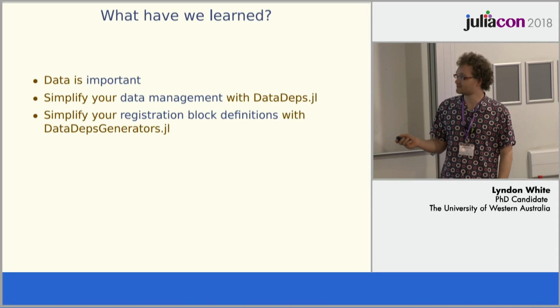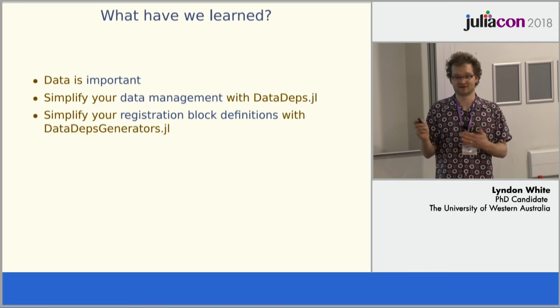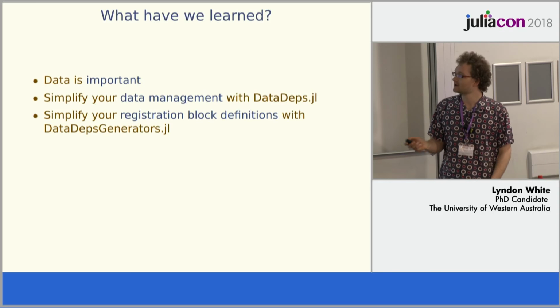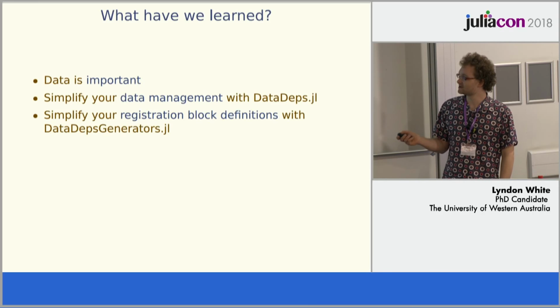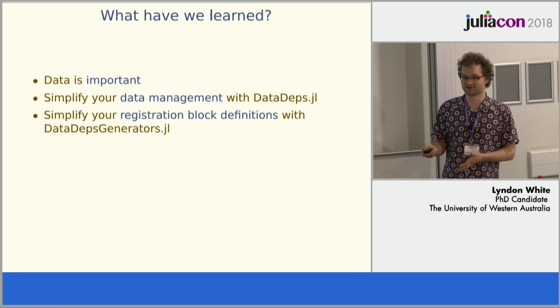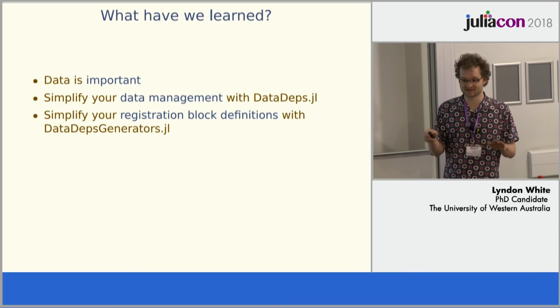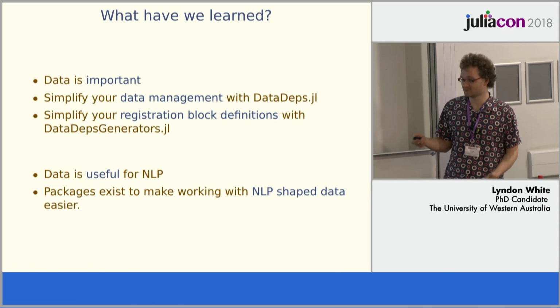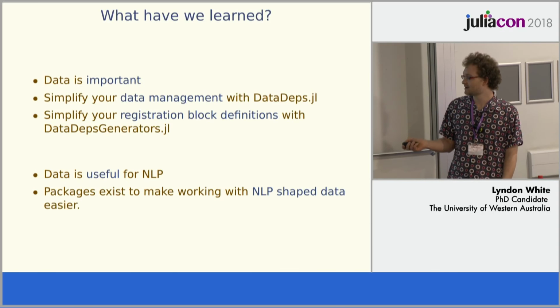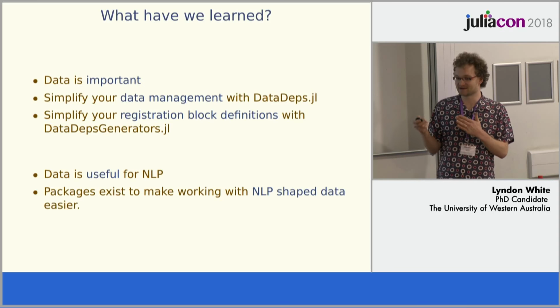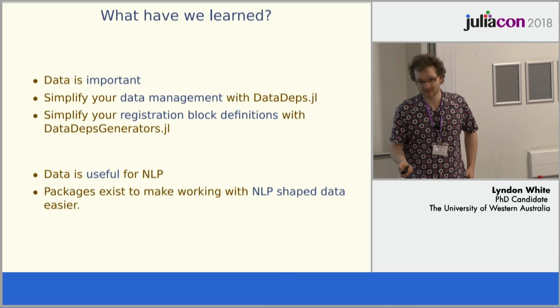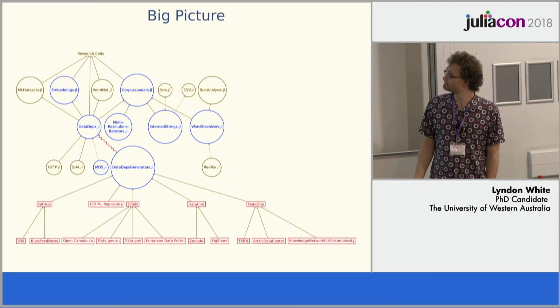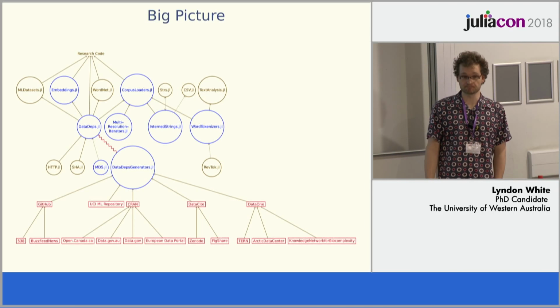And if you want to use someone else's data, or data that you've already put on, say, Figshare, Data Dryad, etc., you can use DataDeps generators to generate the code blocks so you don't have to write the rest yourself, and you get very nice provenance information. NLP is one area where we use a lot of data, and we have some packages that make NLP-shaped data work well. So yeah, that's where we're at.